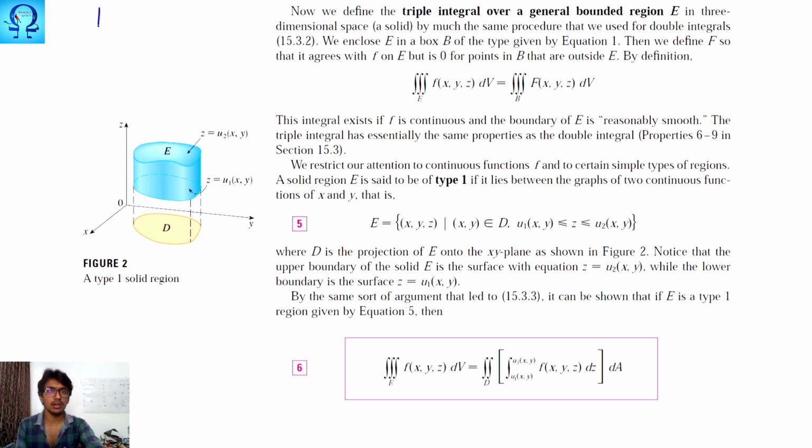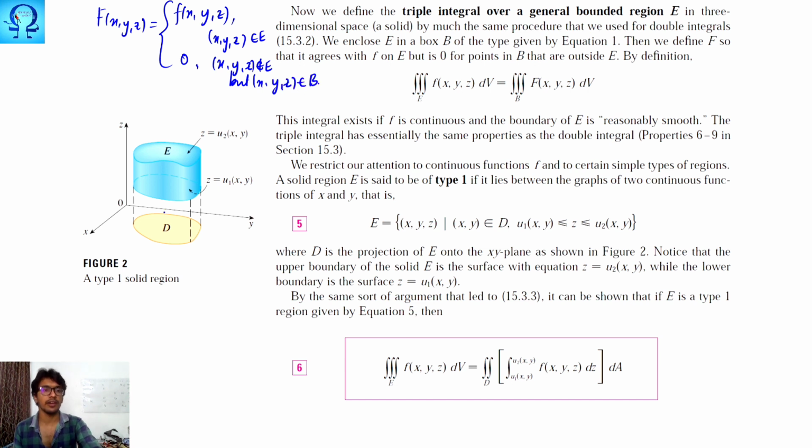As we did before, you define big F of x y z to be small f of x y z whenever x y z is in E, and 0 when it is not in E but inside the box B that we have taken.